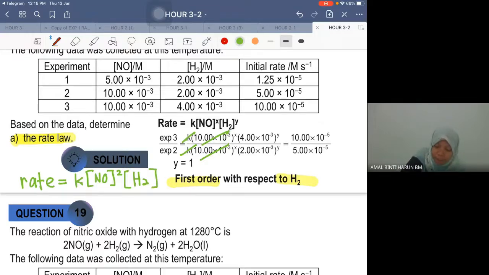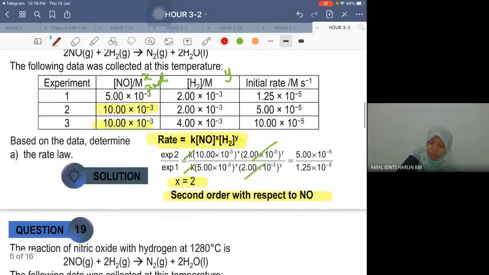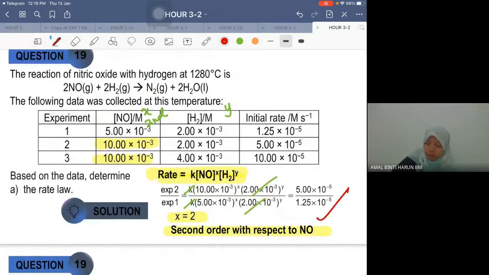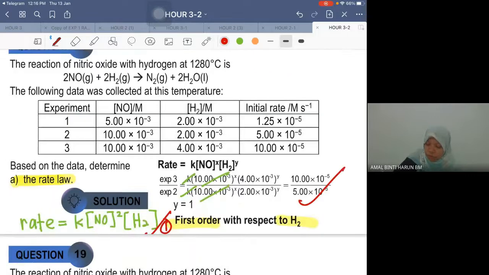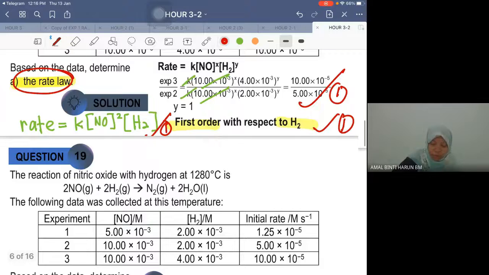Baru dapat markah akhir. Satu markah kat sini. So kalau you buat macam ni, method jawapan ni order. Satu markah. Method substitution betul, final answer satu markah. Tapi soalan minta rate law. You tak tulis balik, hilang satu markah akhir.